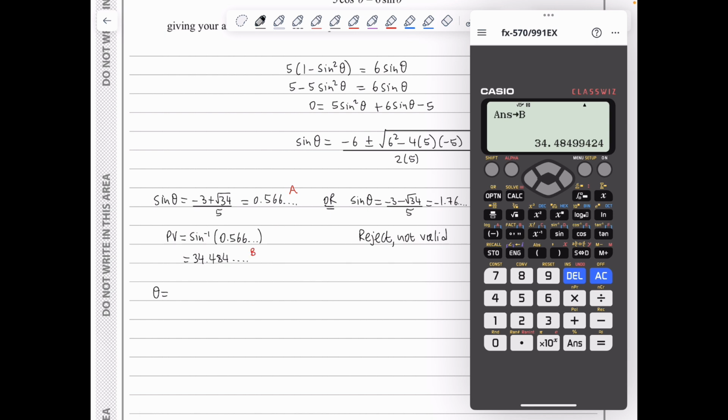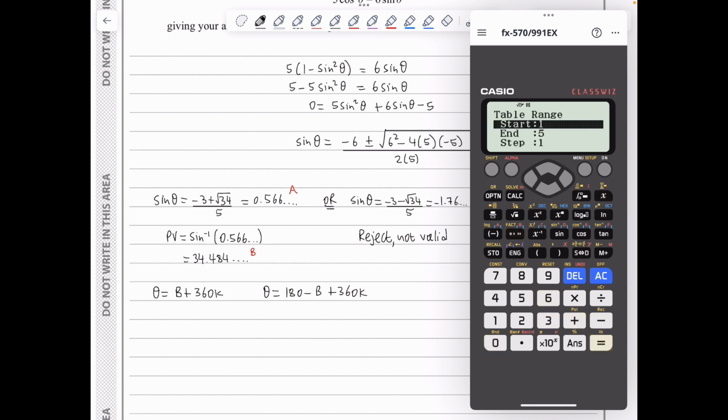So it's going to be B plus the 360K, or alternatively theta is 180 minus the PV of B plus 360K. So I'm going to press menu, option 9, my f of x is B plus 360x, and my g of x is going to be 180 minus the B plus the 360x.